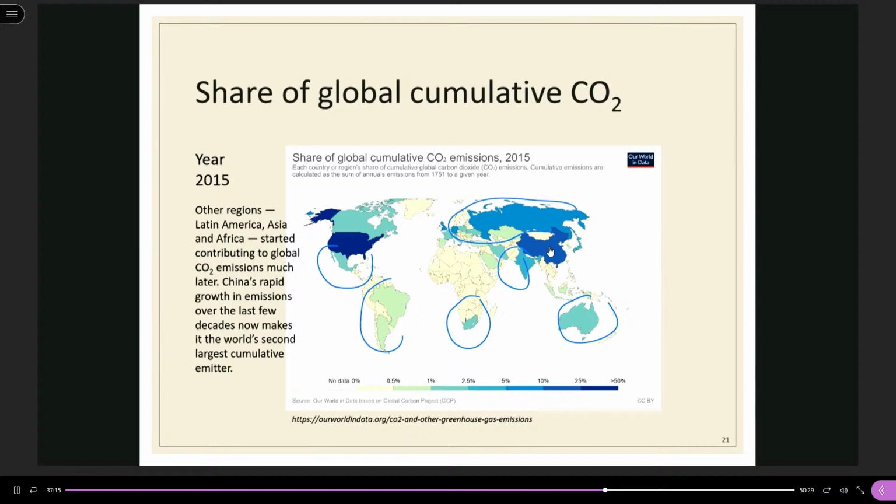China's rapid growth in emission over the last few decades now makes it the world's second largest cumulative emitter. So China is now the second largest emitter of carbon dioxide, and it is continuing to contribute more and more.